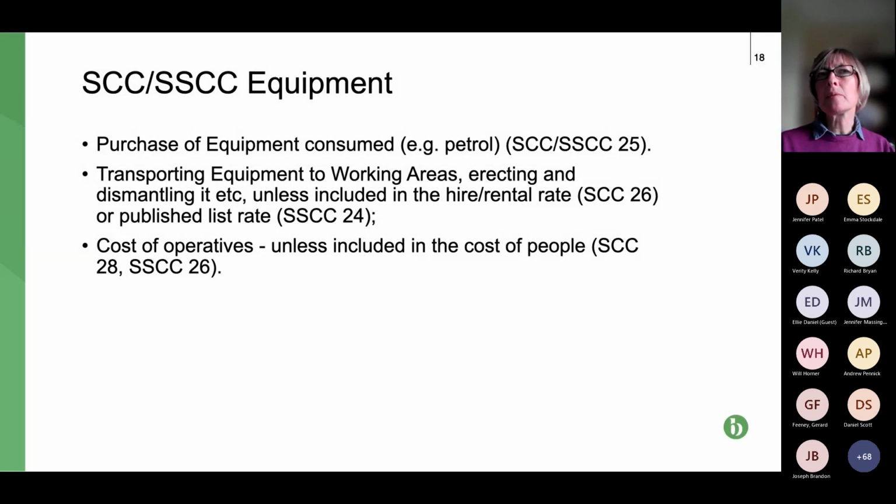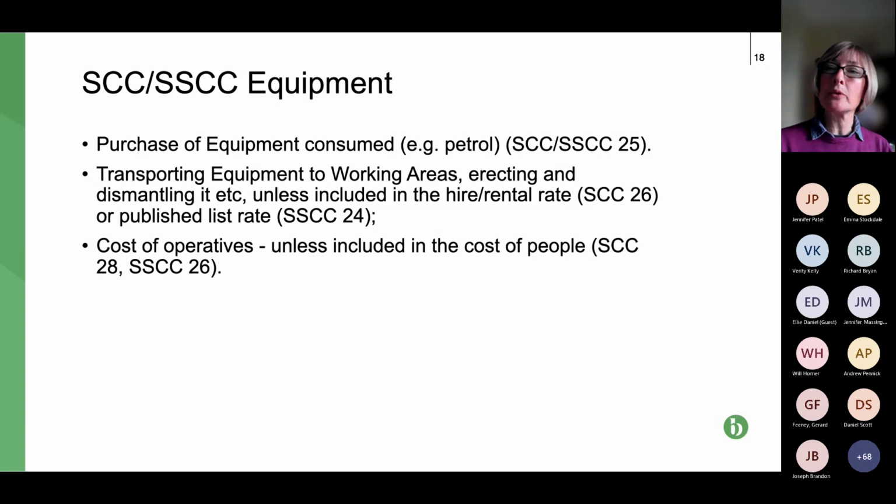So I think this is the final one on equipment. This is what I would call a miscellaneous sweep up to make sure that all of that cost, so we're looking at, if you remember, actual cost, is covered. So equipment that is consumed is covered, so you can recover the cost of your petrol, etc. Also these miscellaneous costs, which might in some cases be quite high.